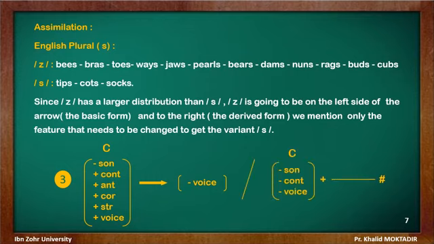Look at the rule. That's the feature matrix representing Z: minus sonorant, plus continuant, plus anterior, plus coronal, plus strident, plus voice. That's the sound Z. What changes so that Z becomes S? On the right side of the arrow, we have minus voice.